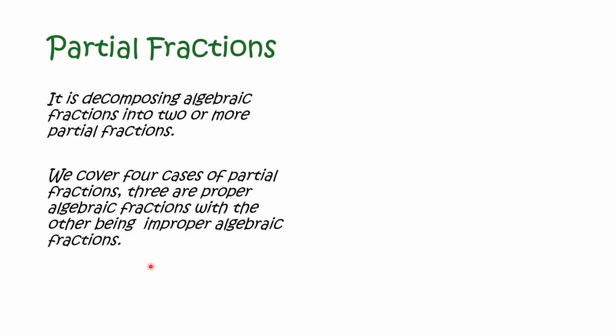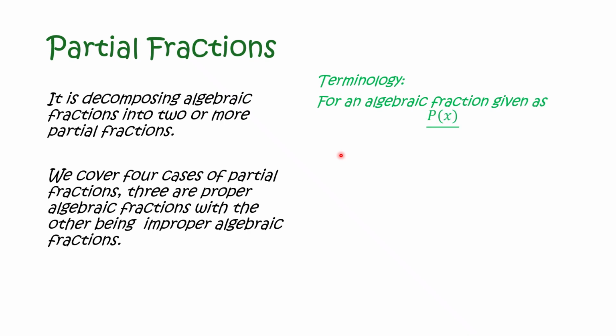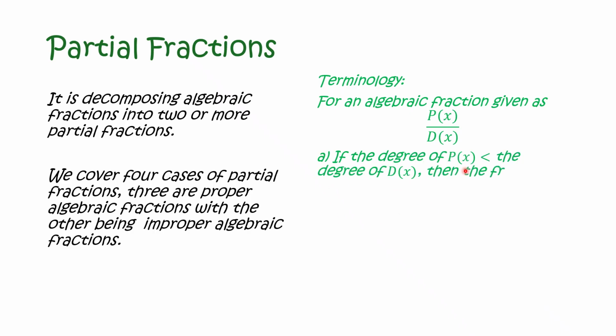So now, let's look at the terminology. For an algebraic fraction given as p of x divided by d of x, case A: if the degree of p of x is less than the degree of d of x, then the fraction is said to be a proper fraction.